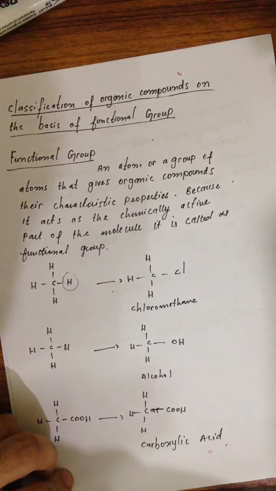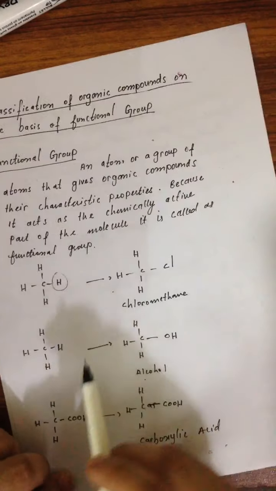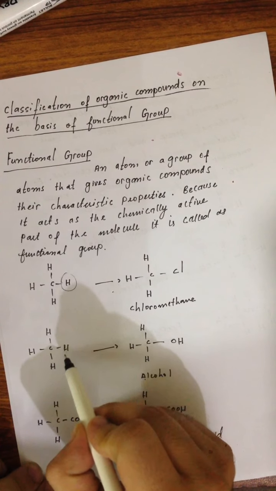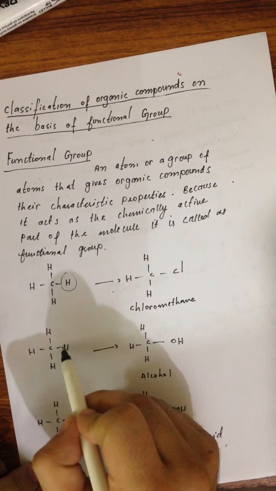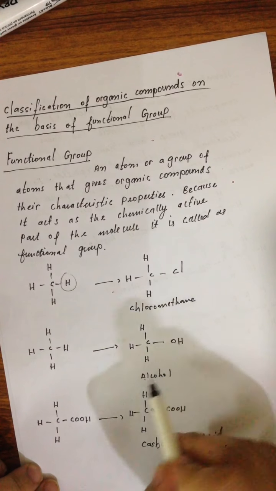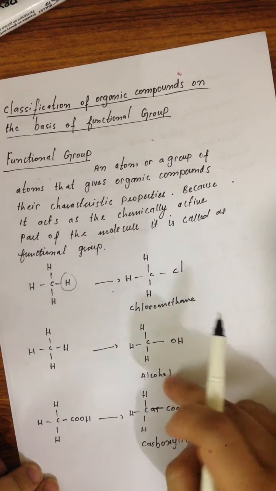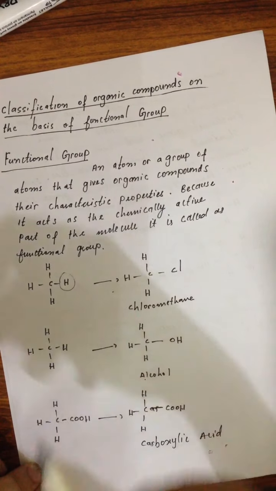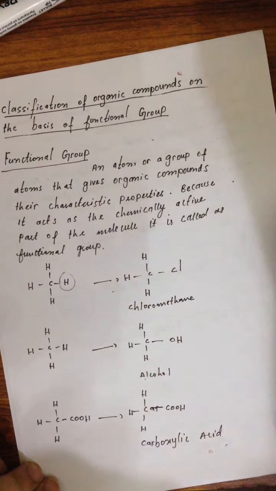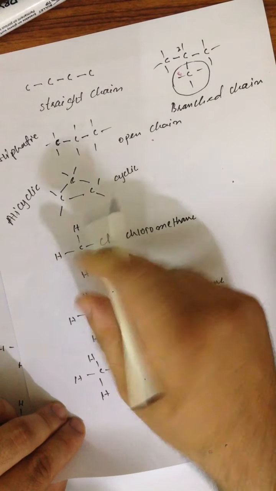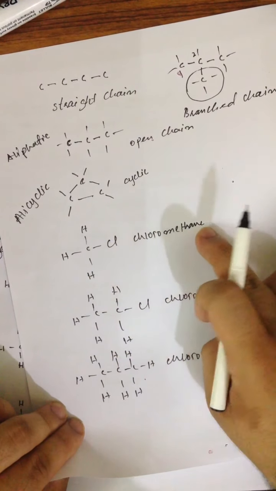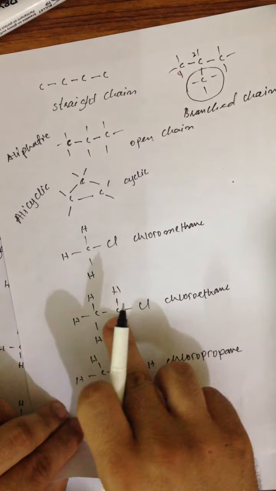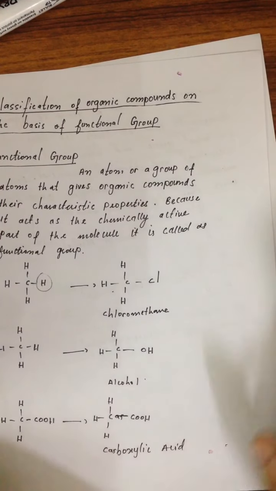There are millions and millions of organic compounds. If you replace one of the hydrogen atoms here with the hydroxyl group, you will get alcohol. This is methyl alcohol. You can have ethyl alcohol, you can have propyl alcohol, etc. Just replace this Cl with OH and you will have methyl alcohol. Replace this Cl with OH and you will have ethyl alcohol, and this goes on like this.